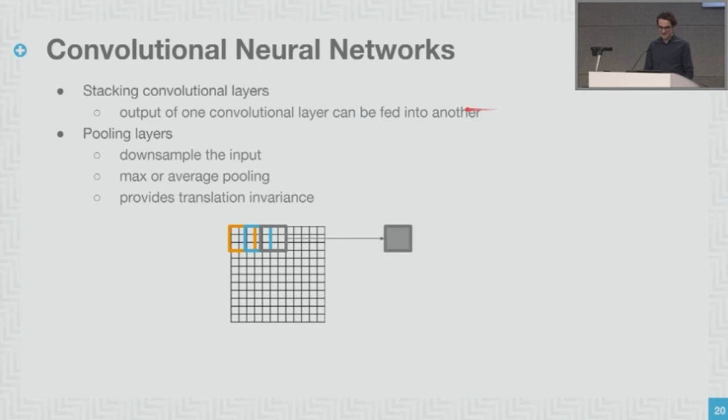It's also common practice to use pooling layers between these layers, which basically downsample the input. It again has a sliding window, and it takes either the maximum value in this frame or the average of it. Doing so downsamples the input, and this provides translation invariance. If you have an object that we want to recognize in the image, and it moves a little bit, the translation will be high in the first layer.